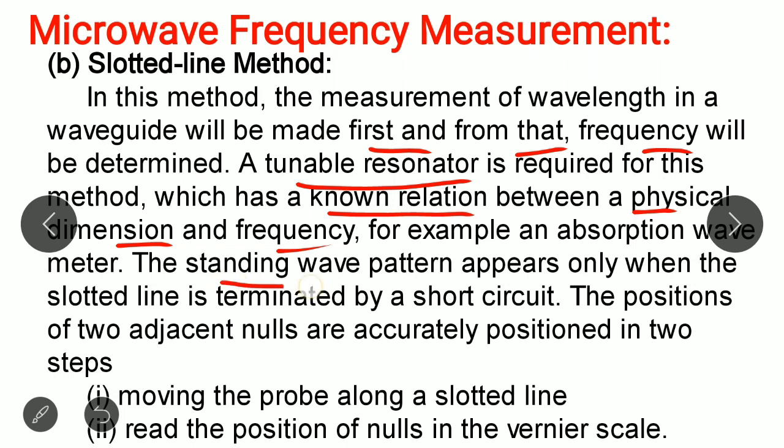The standing wave patterns appear only when the slotted line is terminated by a short circuit. The positions of two adjacent nulls are accurately determined in two steps. First, move the probe along the slotted line and read the positions of null on the vernier scale.